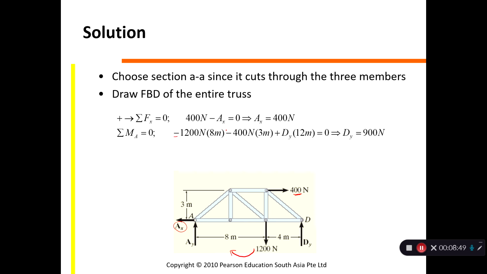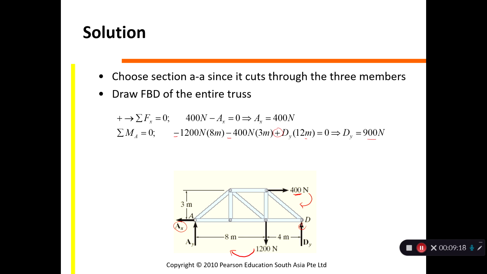The distance is 8. 400 will also rotate clockwise, so minus. The distance is 3. And DY, assuming this direction, will rotate counterclockwise, so positive. The distance is 8 plus 4, and then you'll get DY as 900. Because this answer is positive, that means your assumed direction is correct.